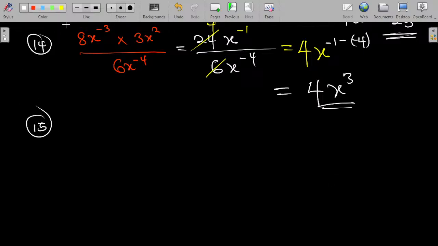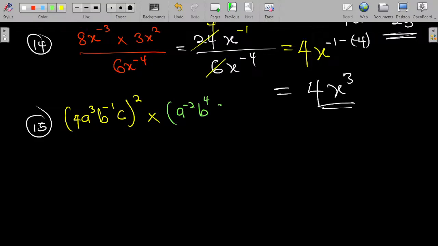And so 15 says that we should look into this one. Simplify 4a raised to the power of 3 times b to the power of minus 1 times c, everything to the power of 2. Wow. Then multiplied by, here we have another bracket, a to the power of minus 2 multiplied by b to the power of 4 times c to the power of minus 2, everything to the power of half.